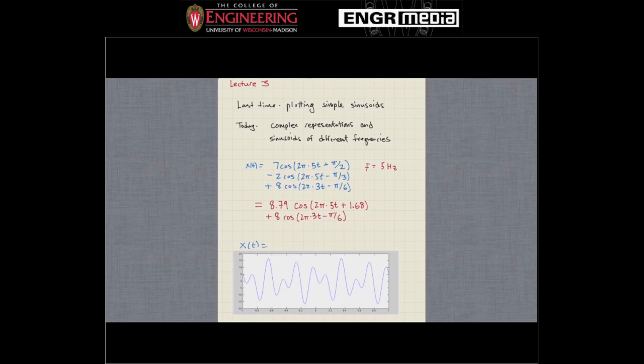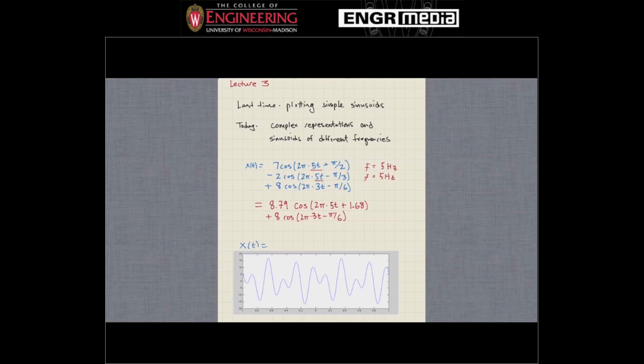You also notice that the second term is also a sinusoid with a frequency of 5 hertz. Just underline both of those. The last term, on the other hand, is not a sinusoid at 5 hertz. It's actually at 3 hertz. So we're adding two sinusoids with the same frequency and one sinusoid of a different frequency.